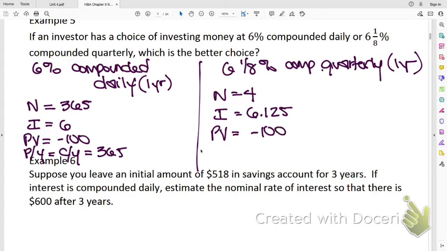And my PY/CY is going to be what for this one? 4. How do we tell which one's the better investment? What value are we going to find for both? The future value for both, and see which one is higher. Okay? Take a minute and do that.